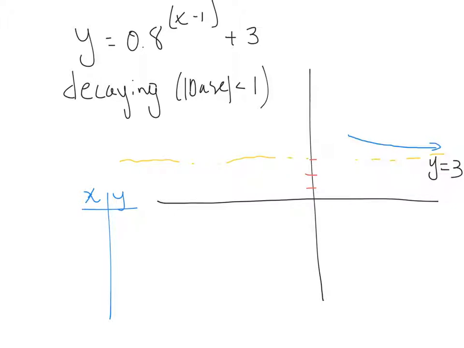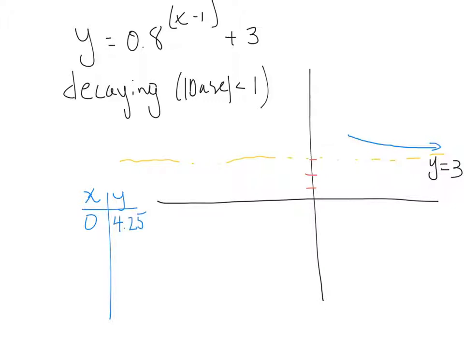So when x equals 0 now, in other words, let's look at the y-intercept, hey, look what happens with the exponent now. It's 0 minus 1, which means it's 0.8 to the negative first power. So 0.8 to the negative first power means 1 over 0.8. So this is actually a number that's slightly bigger than 1. So it's actually 1.25. And so this is going to be 4.25.